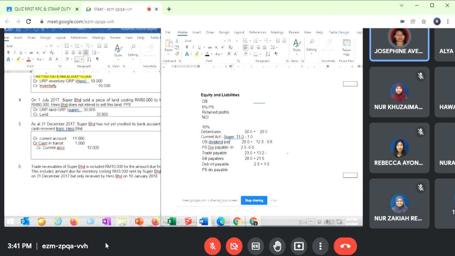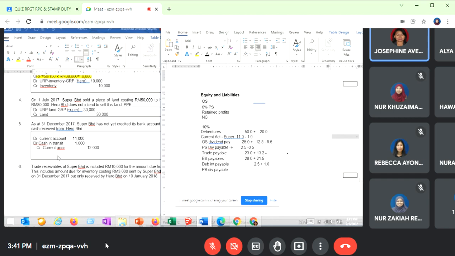Another current account here is also cancelled, so this one shouldn't have any balance. It should be 0, nil. If you have a balance here, your answer will be penalized. In the final exam, if you have a figure here for intercompany balances, like current accounts or loan, then you will be penalized with your marks.